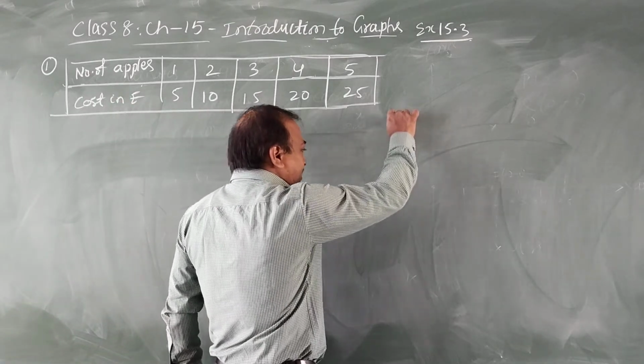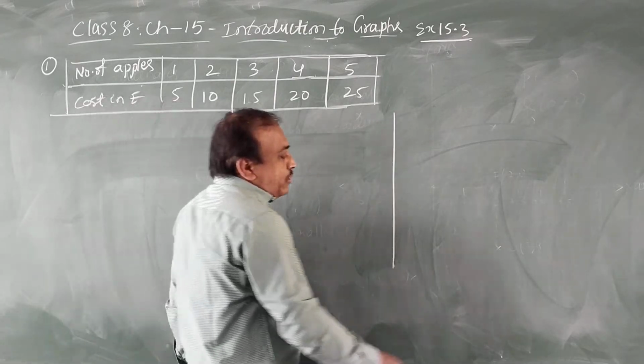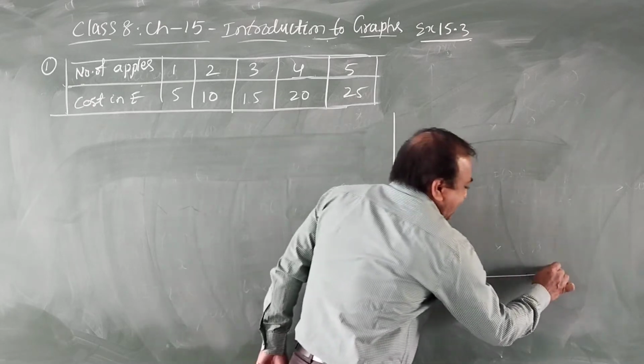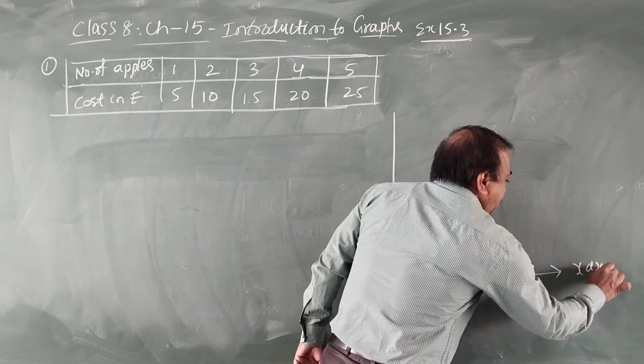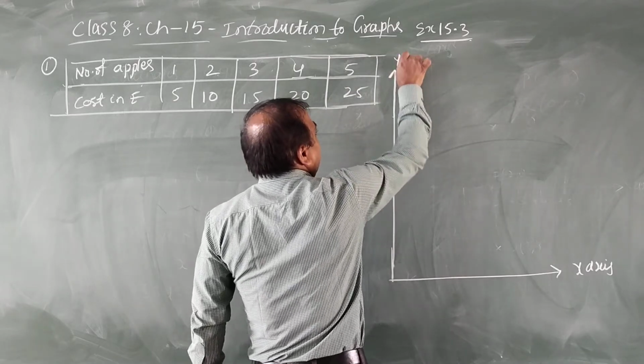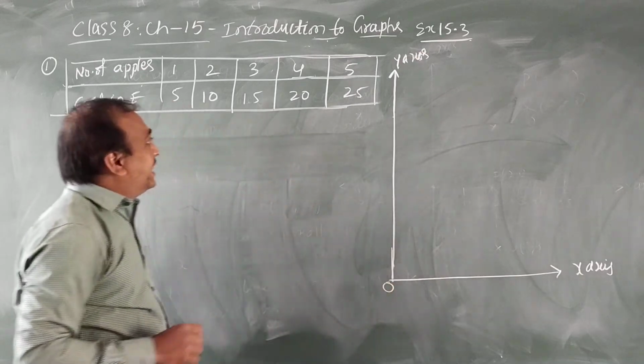Appropriate scale means that negative values are not required, only positive values, because both are positive. So this is the x-axis and this is the y-axis. Where the two axes meet, there is the origin point in the graph sheet.